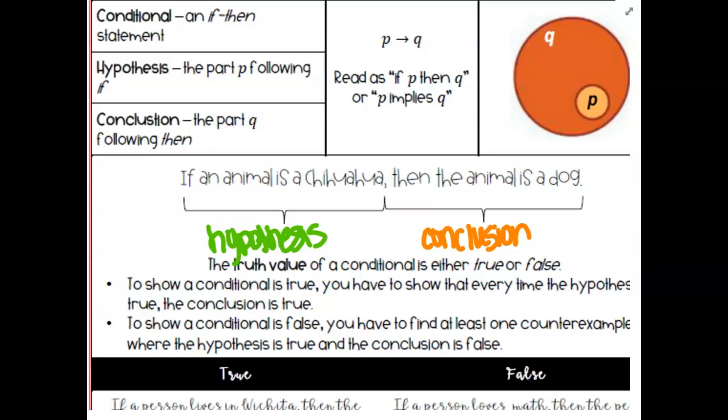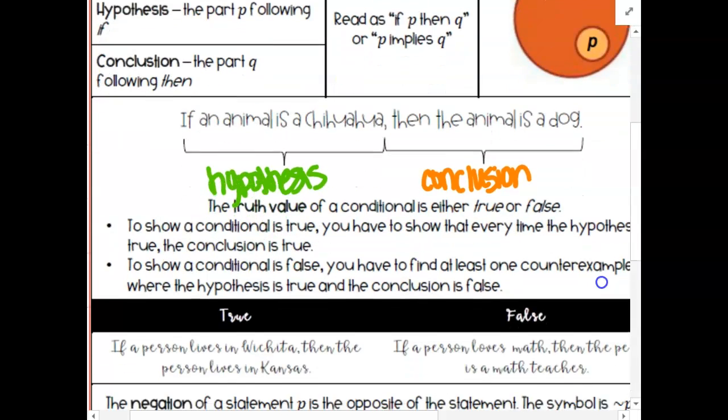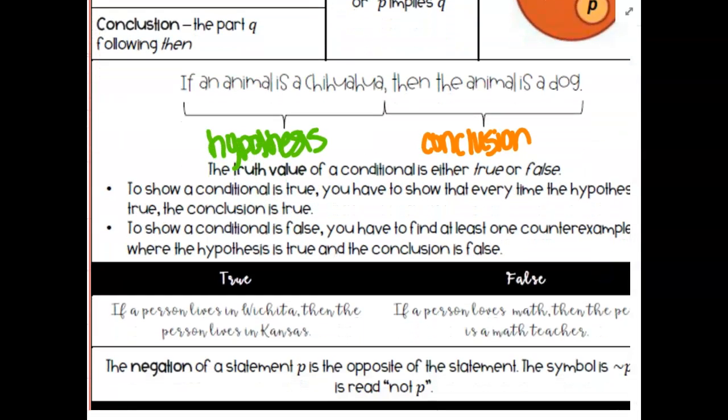That's true. So that would have a truth value of true. If a conditional is false, like we talked about yesterday, all you have to do is come up with one example where it doesn't work. Just one. That's all it takes, okay? In this case, maybe there's some weird chihuahua somewhere that's actually a cat. It doesn't happen. That's all it would take. It's just one example, okay?